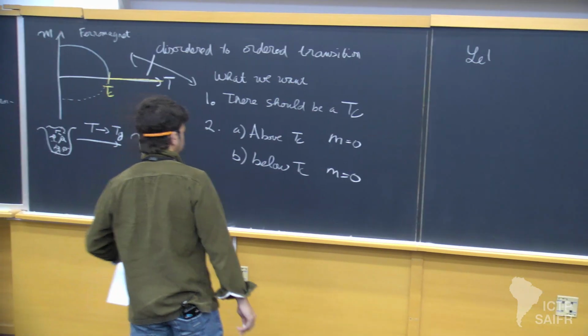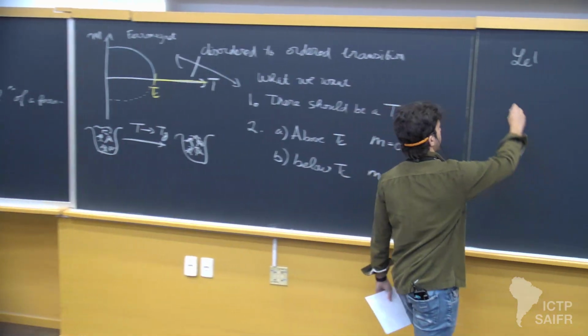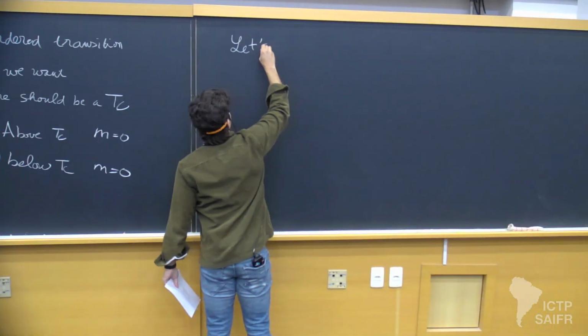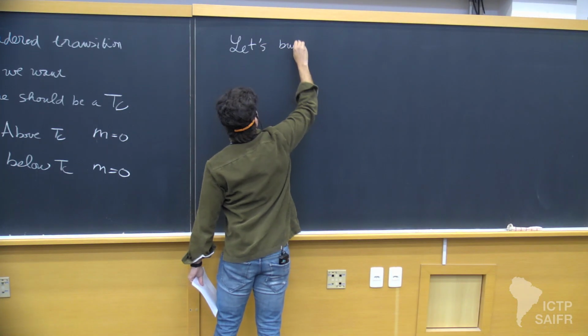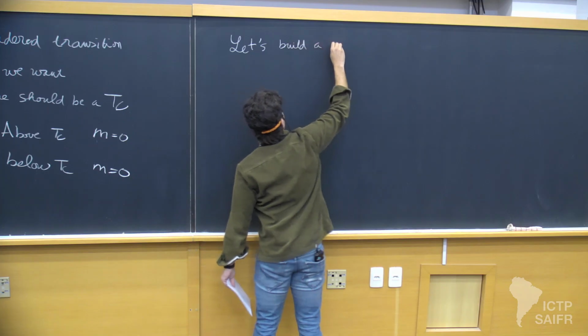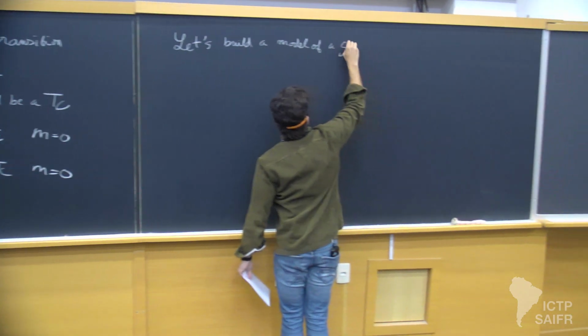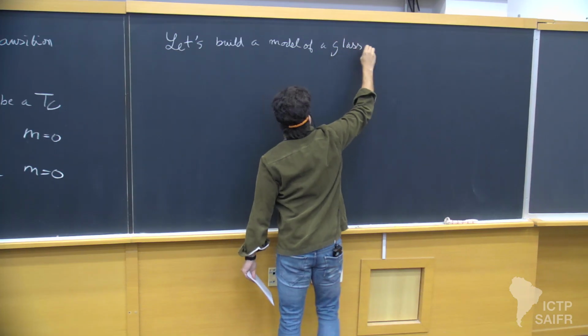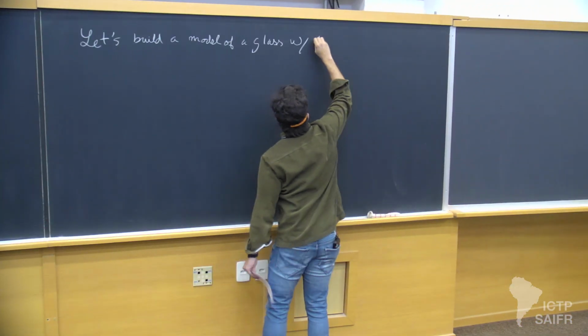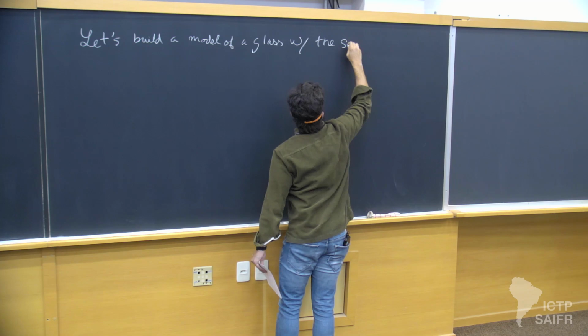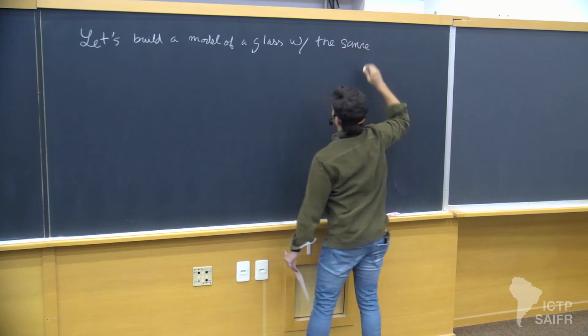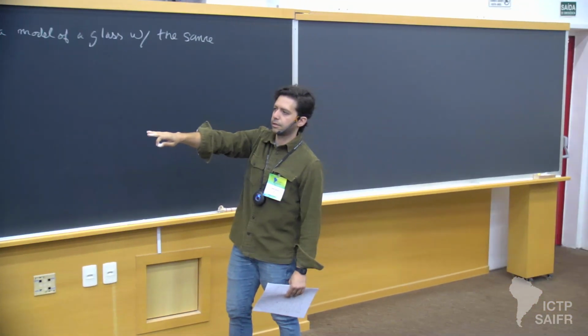Okay. So let's build a model of a glass. With the same ingredients. By same ingredients, I mean we're going to work with spins on a lattice.